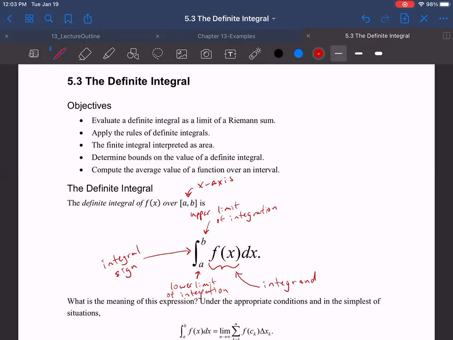And then this over here, the little x at the end, is the variable that you're integrating with, your variable of integration.